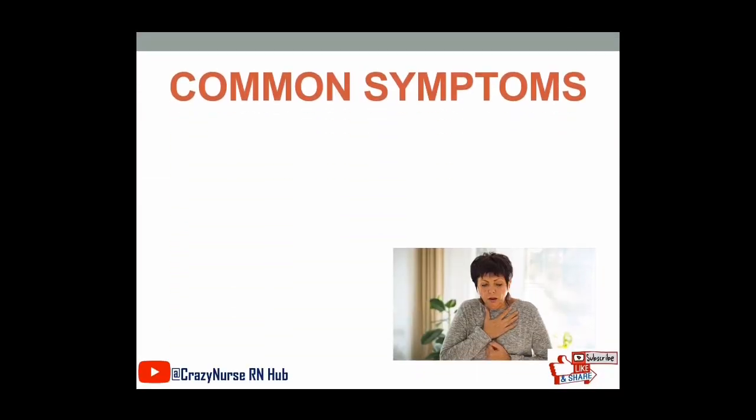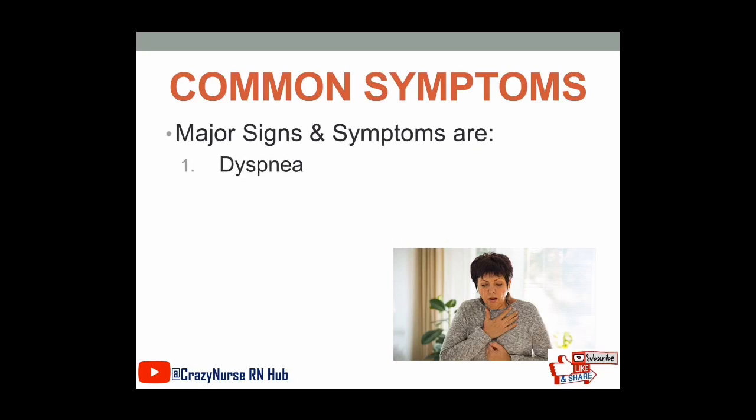Now let's proceed to the common symptoms that our patient might experience in terms of the respiratory condition. We have here major signs and symptoms. First, dyspnea. We also have cough.